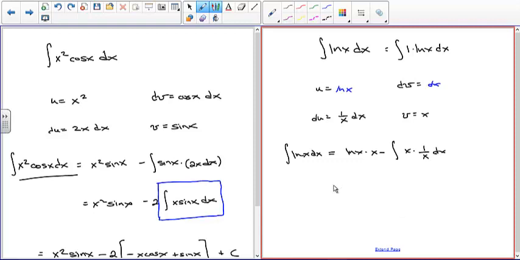Okay, so you simplify. We'll move the x to the front, and x times 1 over x is 1, so you just get 1 dx. So we simplified the integral, and the integral of 1 is just x, so you get x plus c. So the integral of the natural log of x dx is x times the natural log of x minus x plus c.